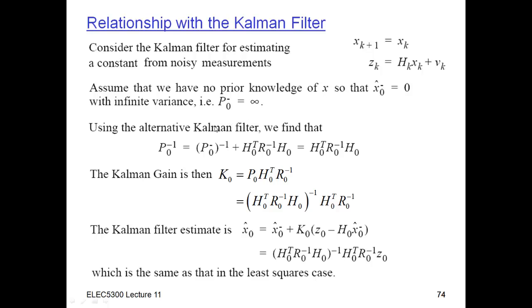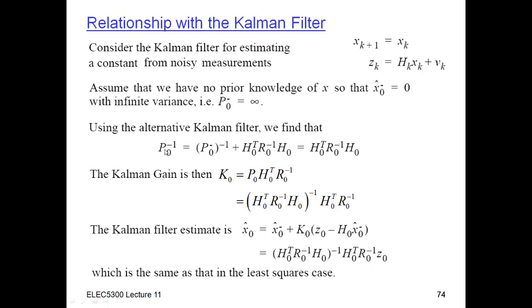So we use the alternative Kalman filter, because we have this problem where the variance is infinity, and the alternative Kalman filter gives us a way to solve that. If we want to find the variance after the update, P0, from the variance before the update, which was infinity, I can do that in terms of inverses.